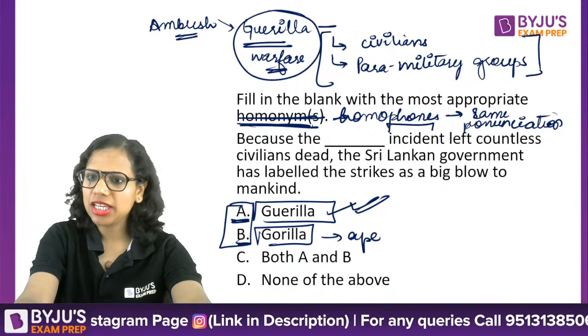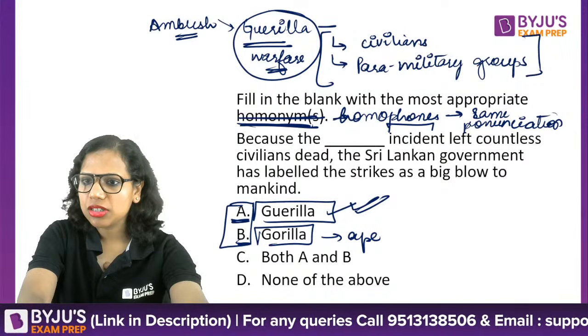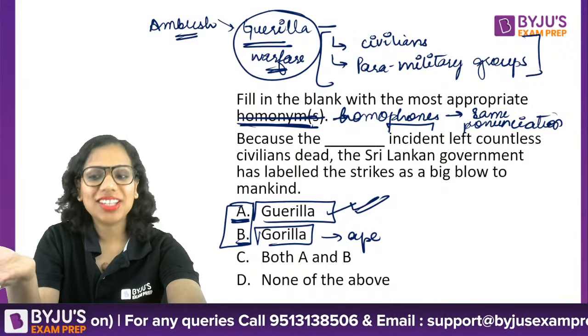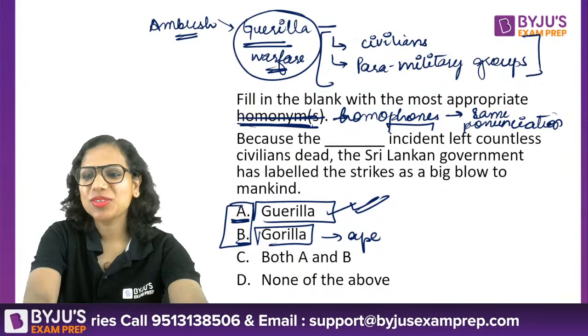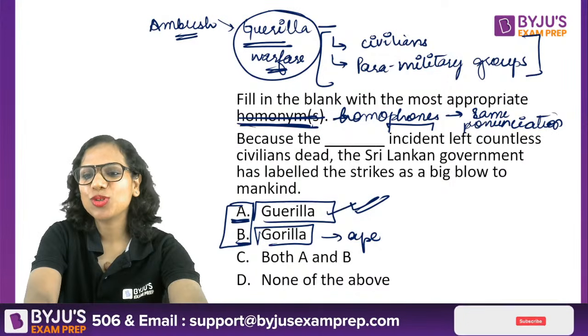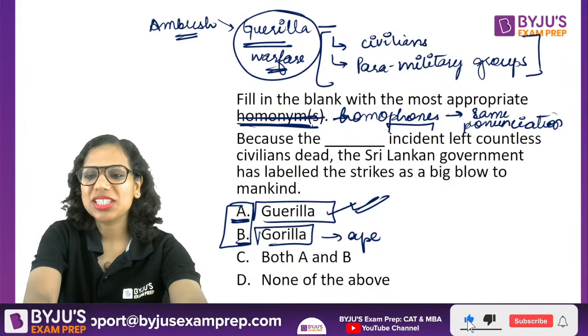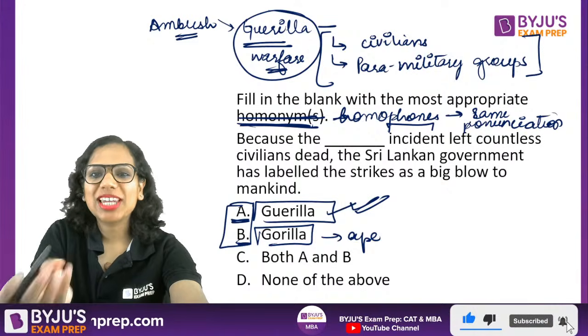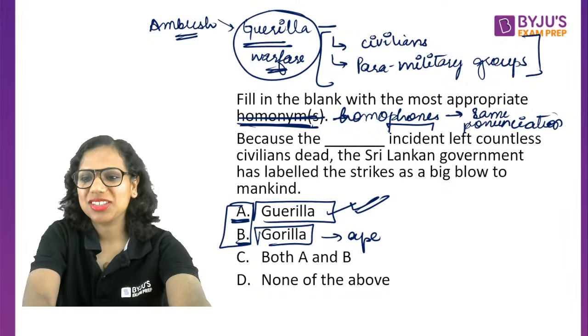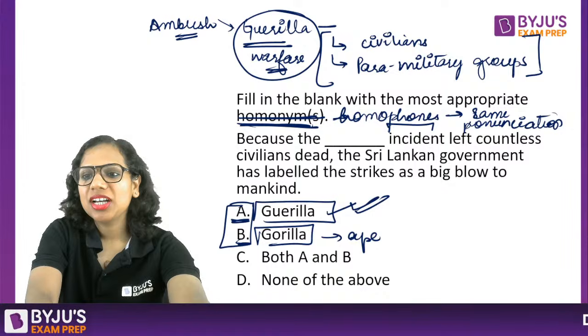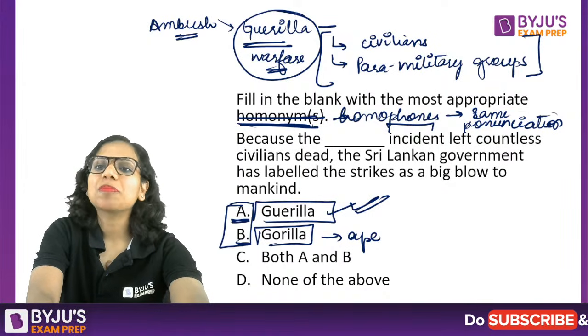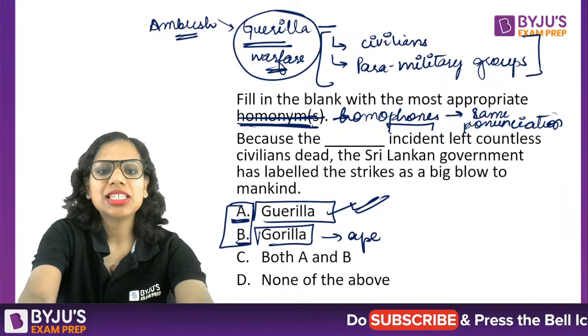Paramilitary, correct. Guerrilla marketing, very good. Yes, guerrilla marketing. We indulge in that when we want to surprise our consumer, basically using the element of surprise to attract your consumer. Correct. Unprecedented, unexpected. Unprecedented means something that has never happened before.